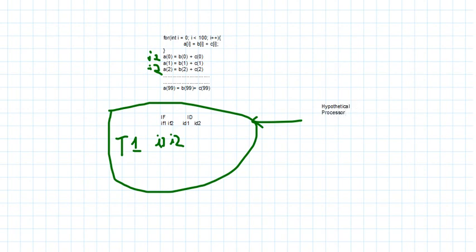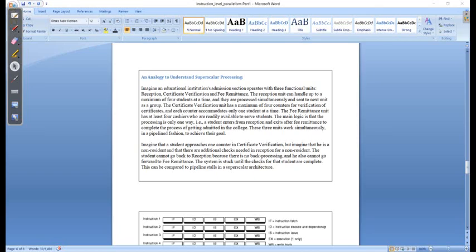So, if you have followed the discussion up to this point, you have grasped some concept of instruction level parallelism, how following the nature of the instruction, you can increase the degree of parallelism.